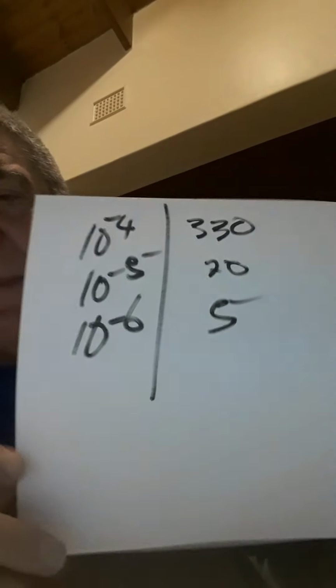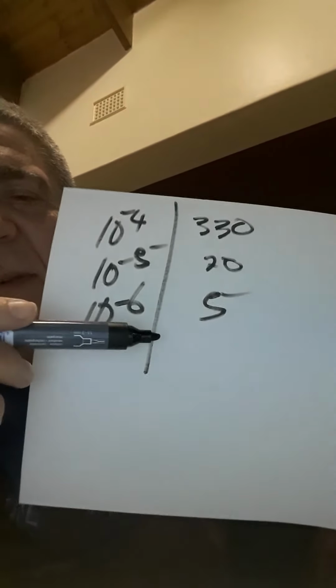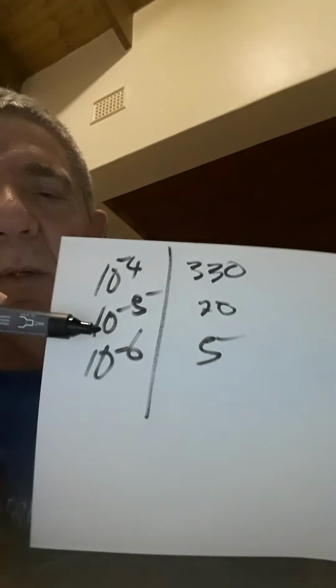In the 10 minus 4, 10 minus 5, 10 minus 6 dilutions, you're going to count, let's say, 330 bacteria here, 20 bacteria here, and 5 bacteria here. You see, you will never get exactly what I showed you before. So here's a good example.